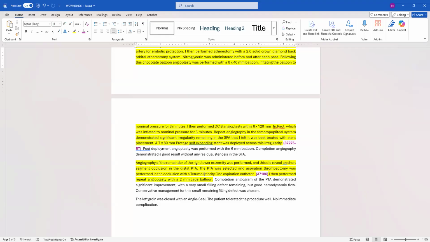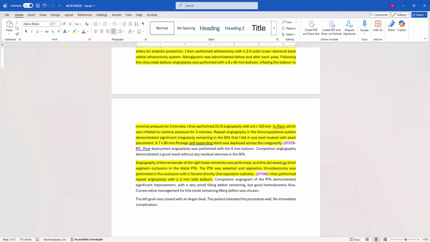But here we only had angioplasty done in that posterior tibial. The atherectomy was done in the femoral territory. So we do have the ability to pick up that 37186. And yes, we can report that if the occlusion is removed, if an aspiration catheter is used, yes, we can use 37186 for that thrombectomy.